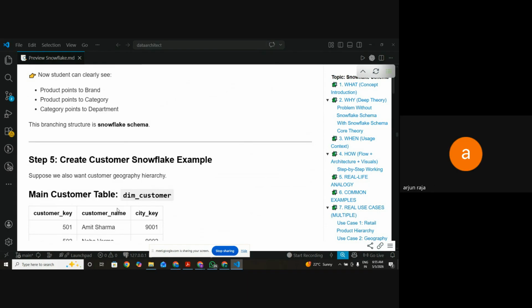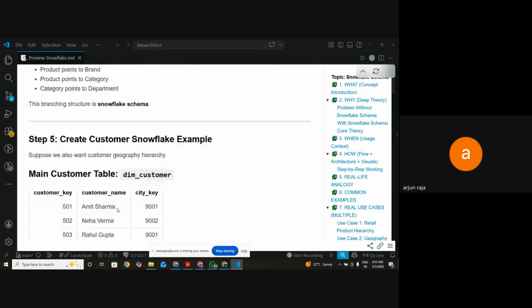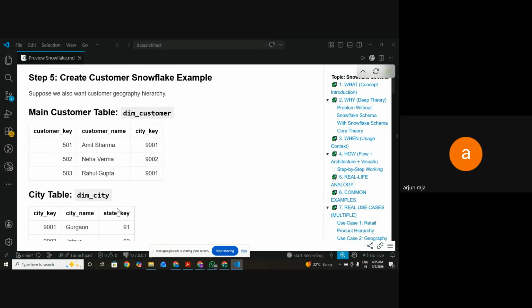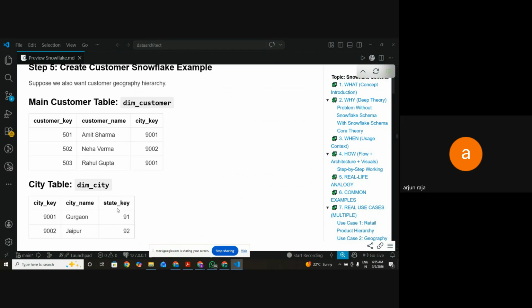Create the customer snowflake example. Suppose we also want a customer geography hierarchy. So the main customer dimension has customer key, customer name, customer city, and then a customer city dimension is the dimension they are creating.